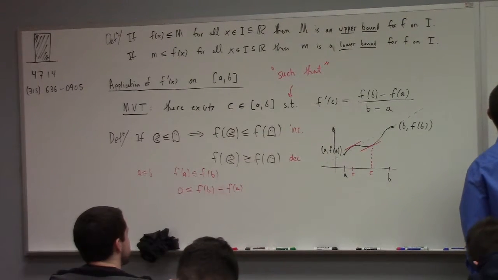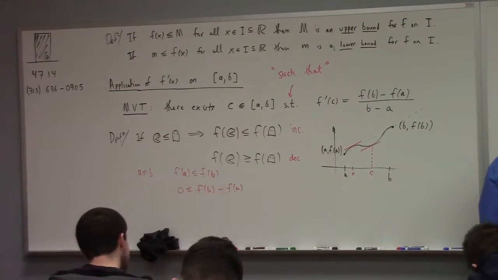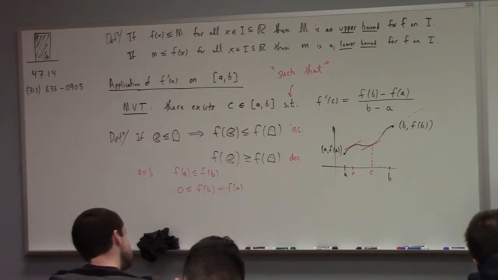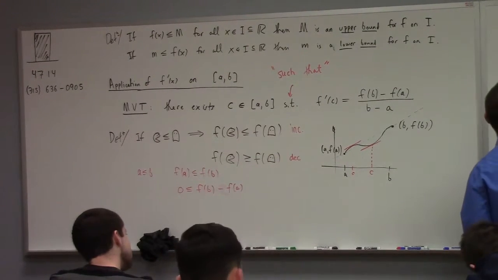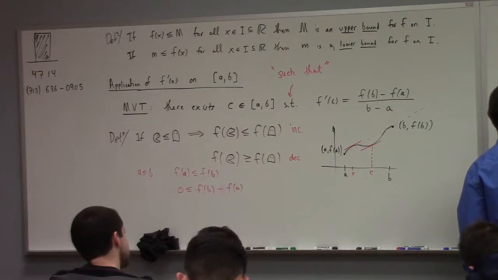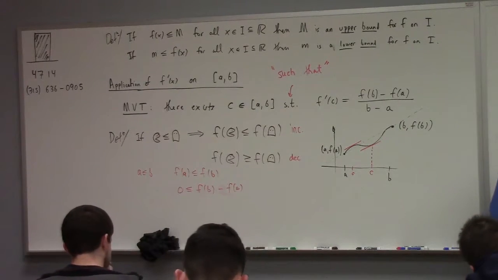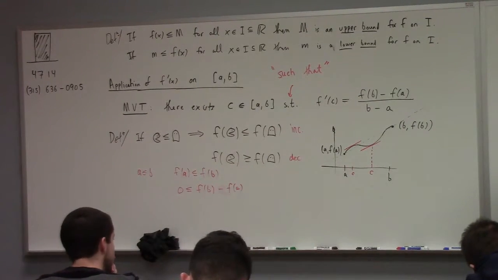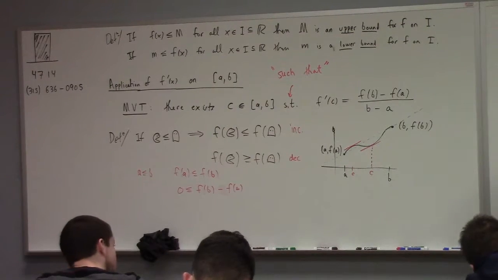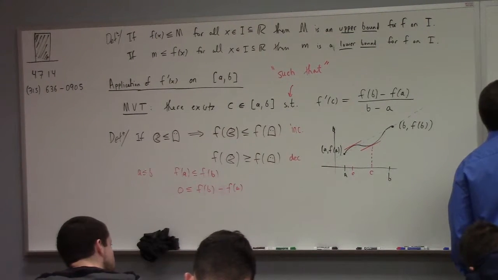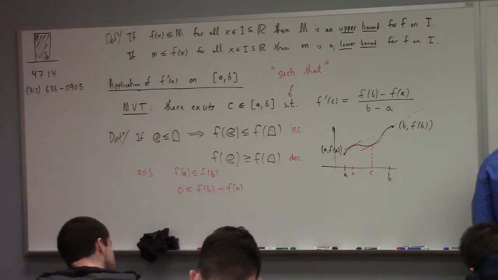If f prime of x is greater than 0 on a to b, then we have that f of a is less than or equal to f of c is less than or equal to f of b for each c in a comma b.